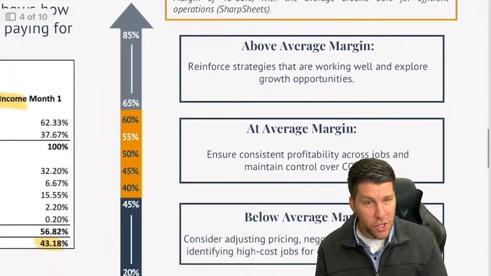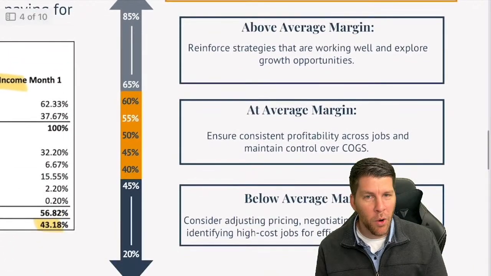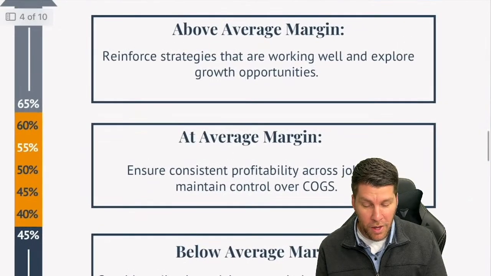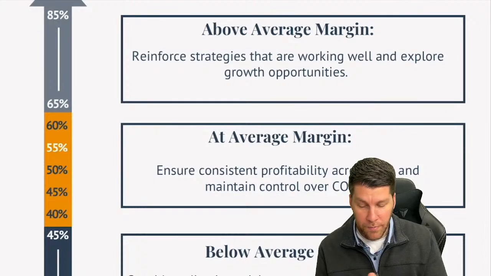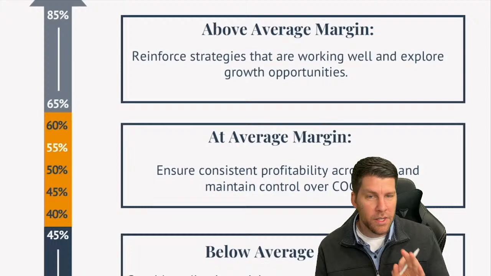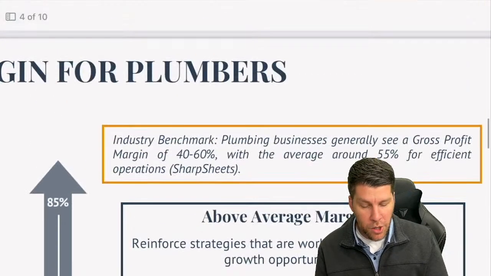So here are some suggestions. If you're above those benchmarks, that's awesome. You could push on more growth. You might be able to put more money into marketing. One quick caveat I do want to mention is that this assumes that you have employees. That's what Sharp Sheets is assuming.